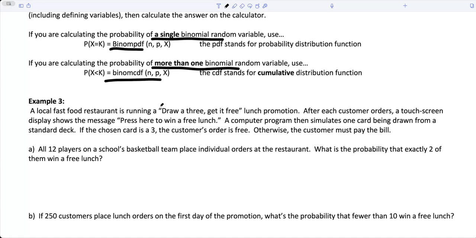So all 12 players on the school's basketball team place individual orders at the restaurant. What is the probability that exactly 2 of them win a free lunch? All right, so again, let's go through the process and write some things down. So I'm going to define X as the number of players that win a free lunch.